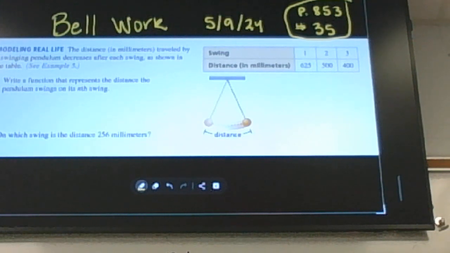And this one, I might just grab a calculator, hit the fraction button, type in 500 over 625, and hit enter, and it'll simplify it for you. And it is also 4/5.